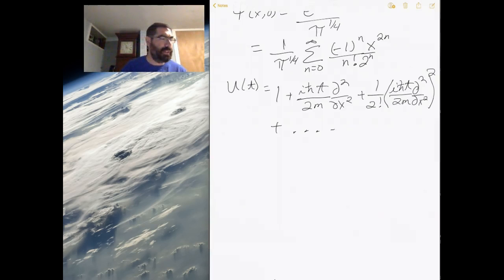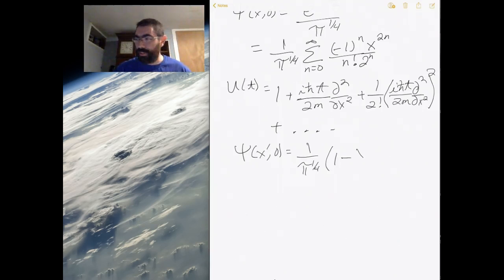We can now expand the initial wave function. And that would be 1 over pi to the 1/4 times 1 minus x squared over 2 plus x to the 4th over 8, and then there are higher order terms from there. And so what the book suggests in the problem is that you take these and then you basically distribute them.